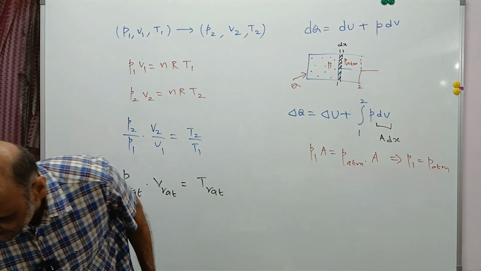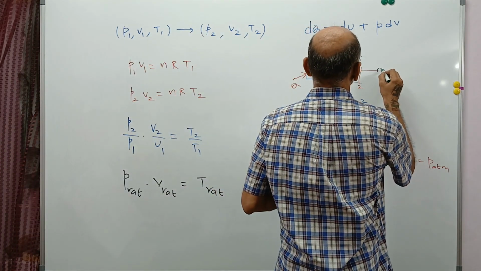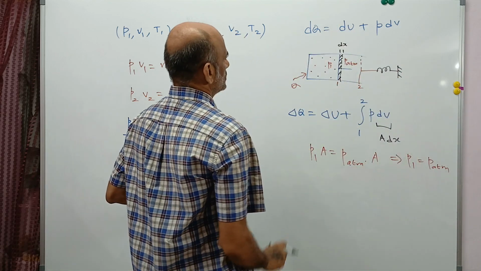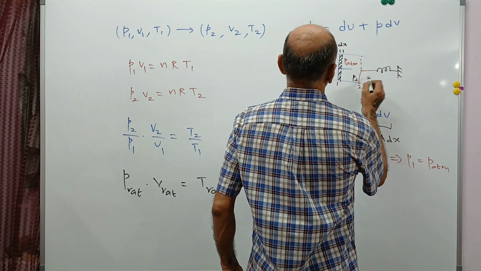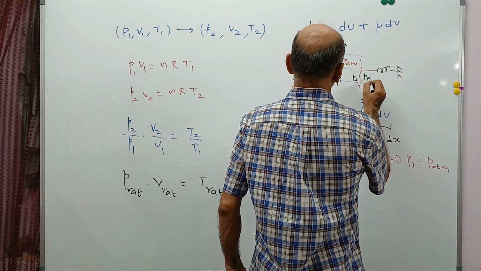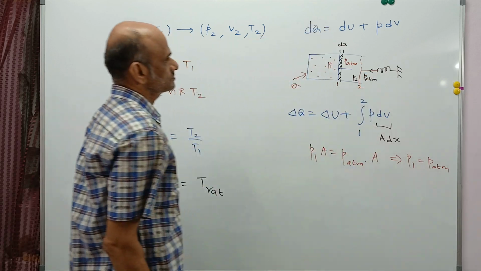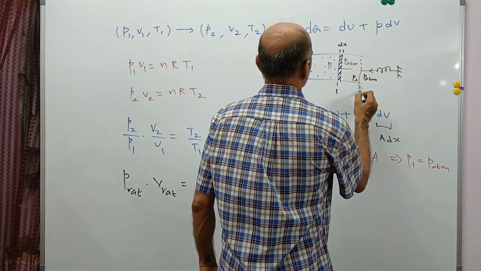To get the extra force, one way is to have a spring here attached to a fixed support. So when the piston comes here, the gas pressure will be P2, and atmospheric pressure is there plus the spring force. Let this distance be x.